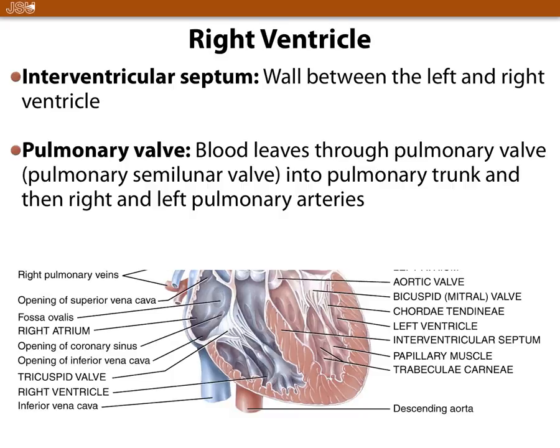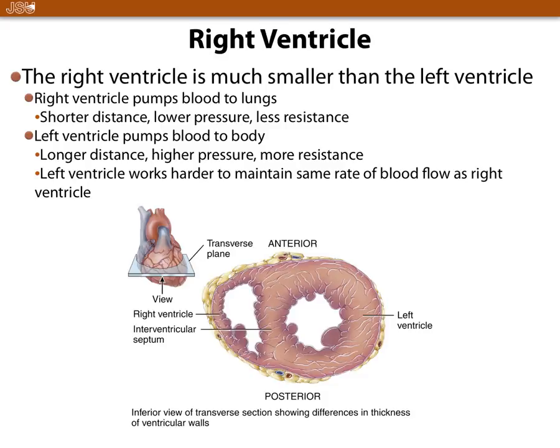Pulmonary valve. This is a semilunar valve. Pulmonary valve is what the blood from the right ventricle leaves through. Now, let's compare the left ventricle to the right ventricle. Two important considerations here. The musculature around the right ventricle. The right ventricle is pumping blood from the heart to the lungs.